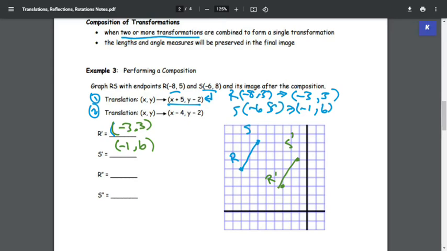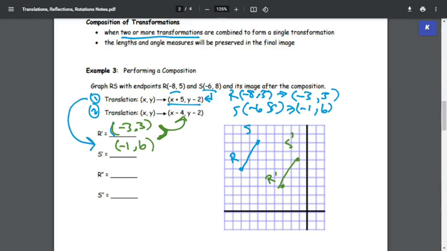What we're going to do now, we're going to take this R prime and this S prime, so these coordinates that I have right here in green, and plug those into that second translation. So that first translation takes me over to get these new coordinates.